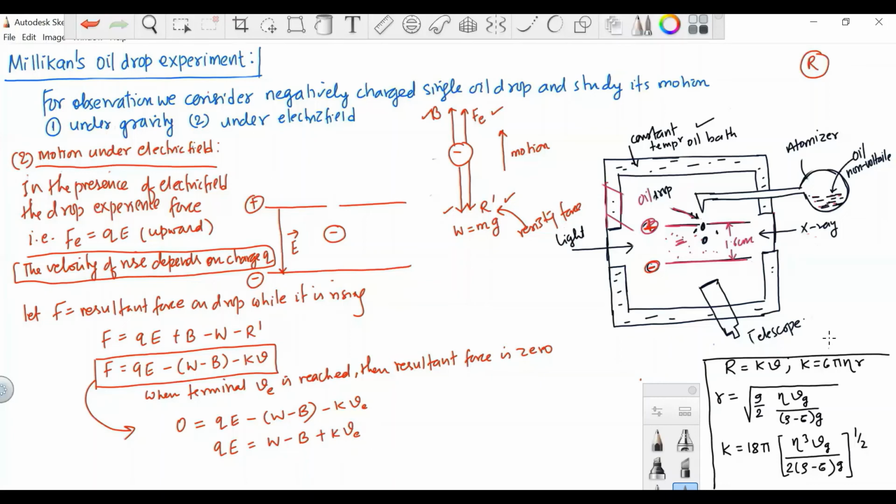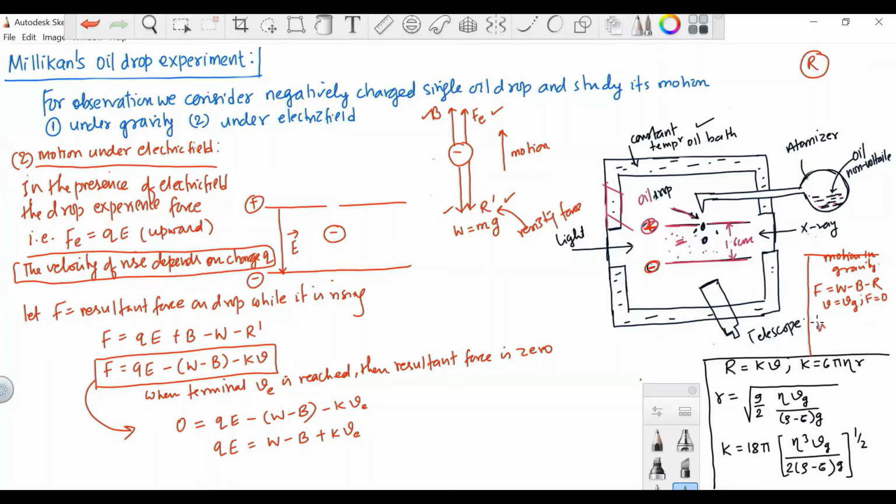Now, in the presence of gravity only, under motion under gravity, the resultant force F equals W minus B minus R. When terminal velocity Vz is attained, F equals 0.